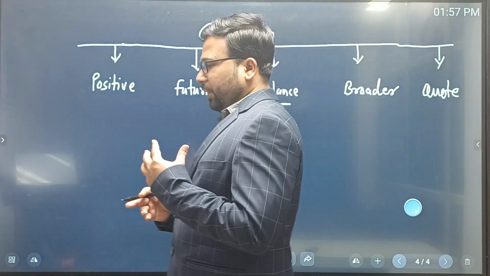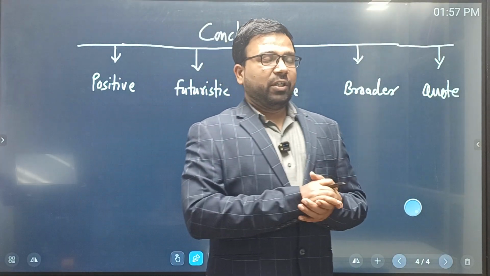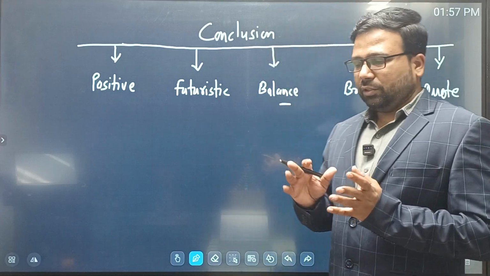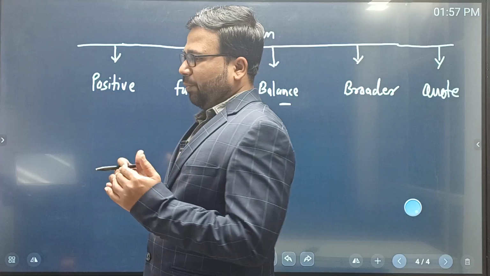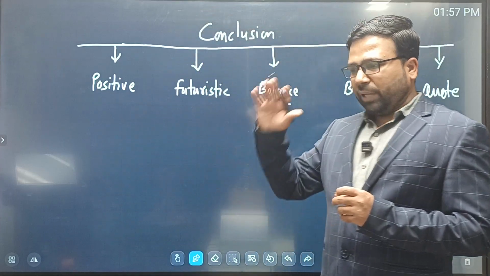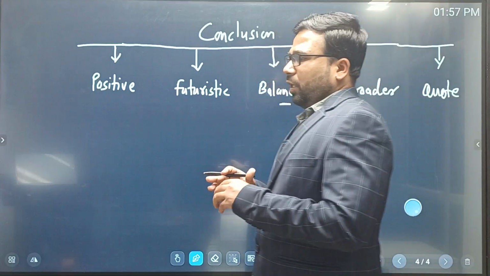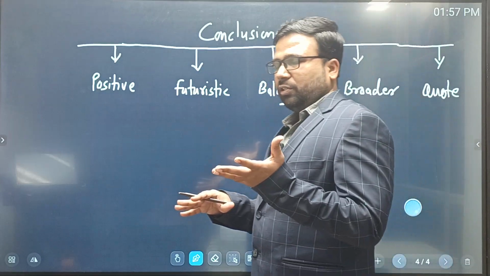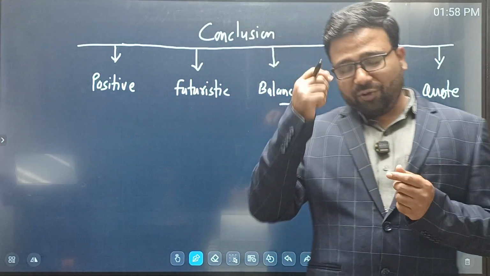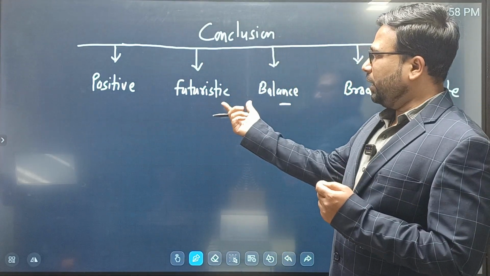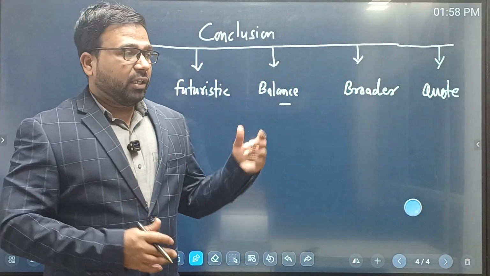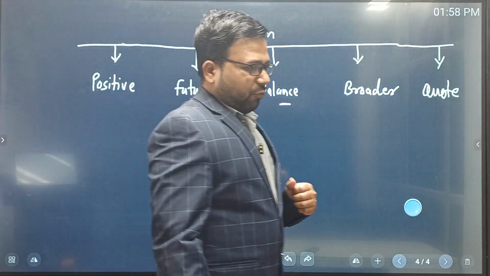If the question is related to the environment, then on the environment front we have the target of net neutrality to be achieved by India by 2070. That is the target we are carrying, that by 2070 our net carbon dioxide emission and absorption will be the same.